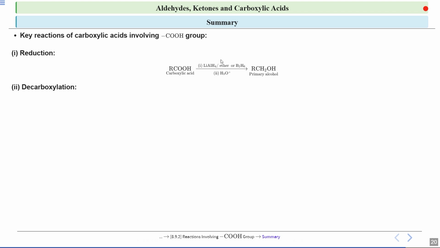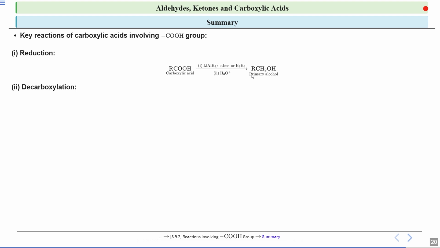We discussed that B2H6 is more efficiently used for this process. We also saw that sodium borohydride, NaBH4, is not used for reducing carboxylic acid, because it is a milder agent. It is basically used for aldehydes.